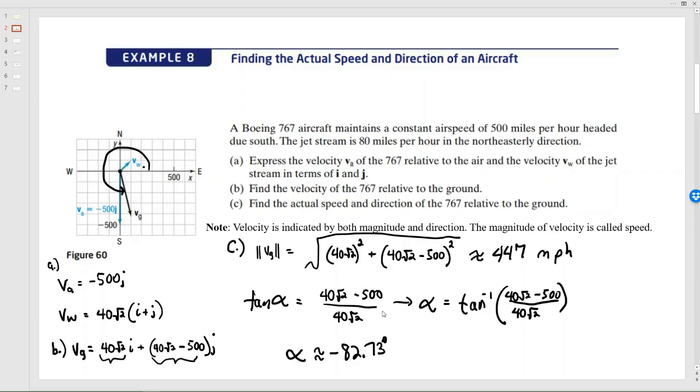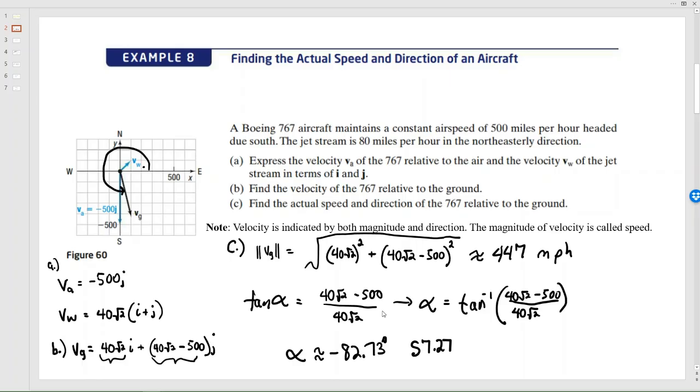Now you might see that written differently, like in your book they do show this as S 7.27 degrees E. I'm going to say 7.27, right, because that makes up the difference from negative 90 degrees.